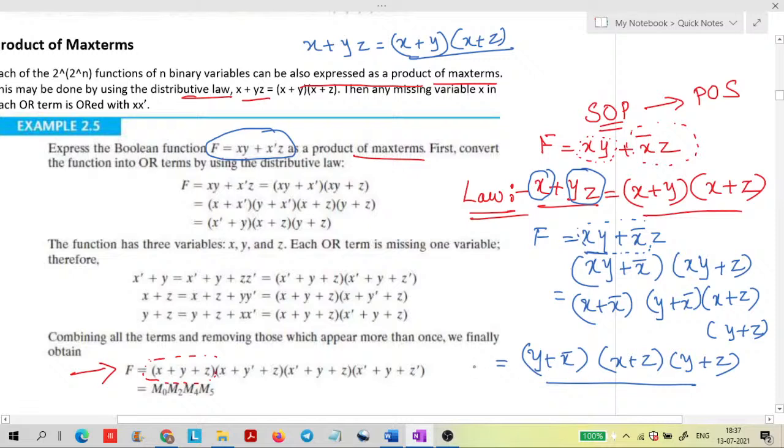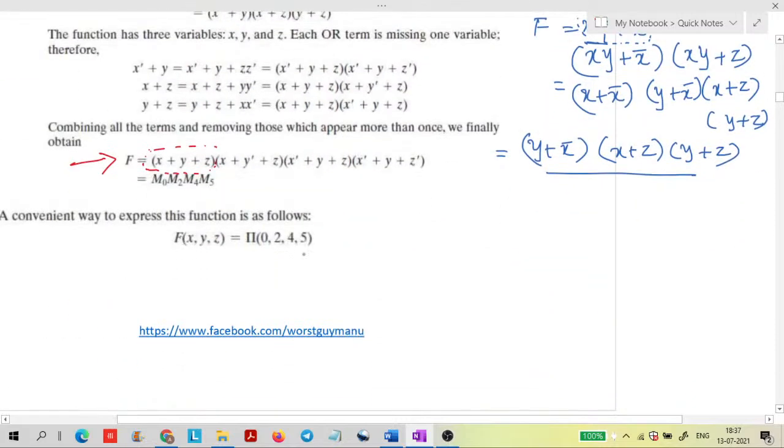Okay, so in this way how we can solve is, for example, x bar plus y, this first term I am taking. Here which one is missing? Z. X bar plus y plus, how can we add here?